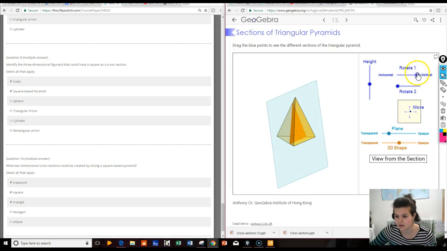So this one, a triangular pyramid, we rotated it. We could create a trapezoid, but not a square, since these two top points would be closer together than the base points.